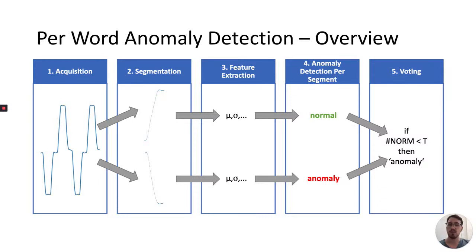Anomaly detection per segment. Based on the extracted features, a pre-trained anomaly detector predicts if the segment is normal or anomalous. Voting. Finally, take a vote. If the percentage of normal segments is less than a certain threshold, then mark the word as an anomaly. I'll describe in detail each one of the steps.